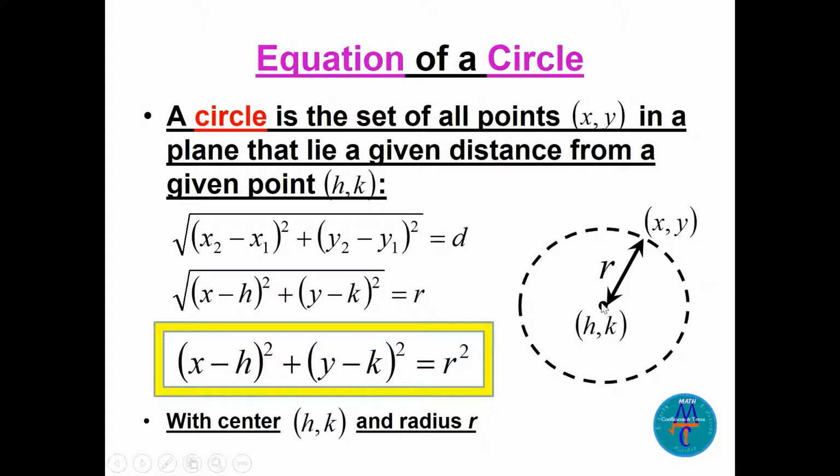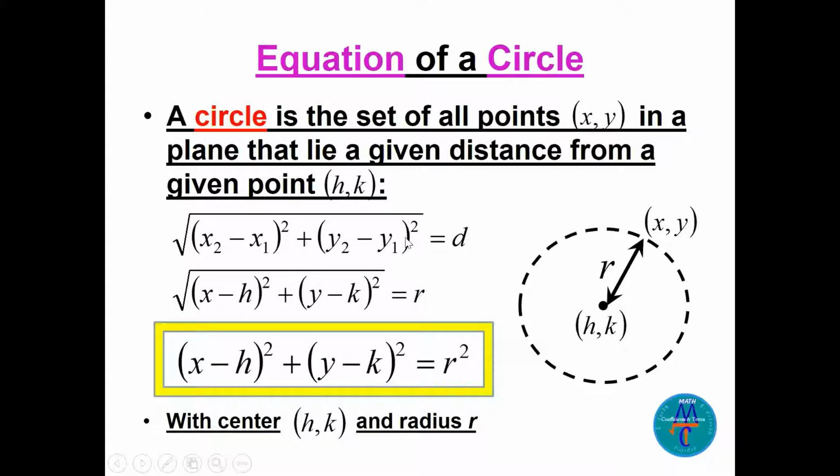We call it the center. So that's the center of the circle. And then the given distance here, we call it a radius. Now remember, the radius is the distance from this center to any point on the circle, and this is one point, x, y, representing one point on the circle.